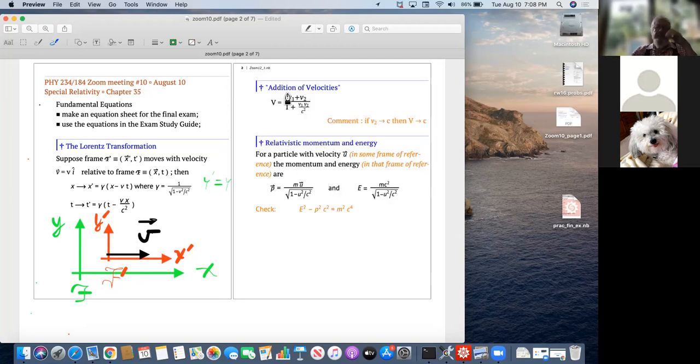Now, one equation you'll certainly be using is the addition of velocities. So here's the formula.